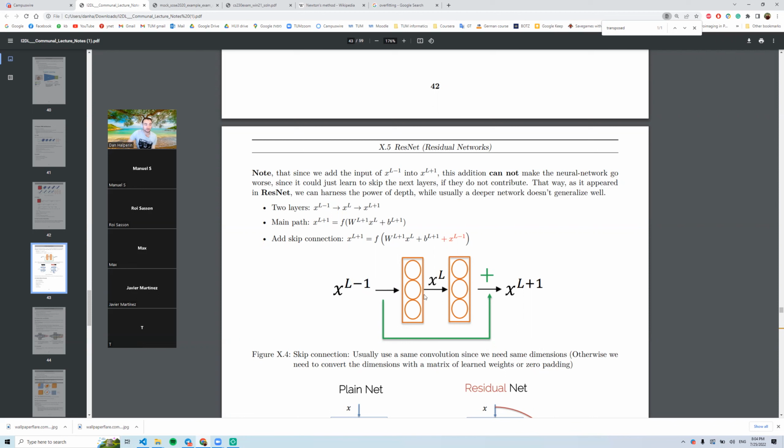If we remove that block, it would be better for the network because maybe there are too many parameters. It overfits. Okay, so basically the network could learn to set all the weights inside the block to 0, and it will just do x_{l-1} plus 0, which is still the same thing. It will just pass on.